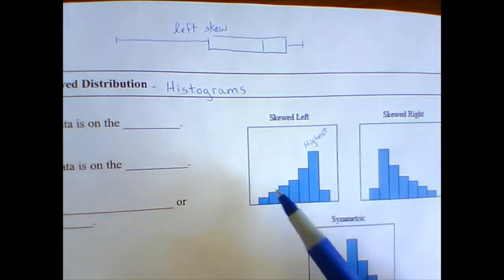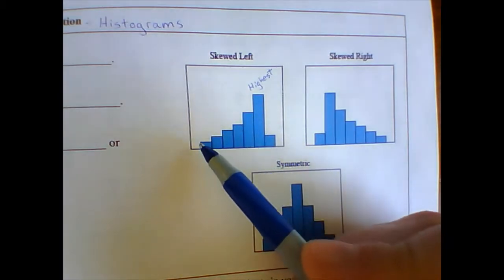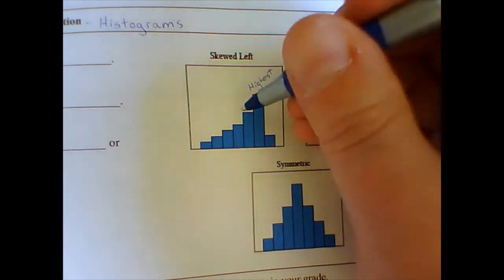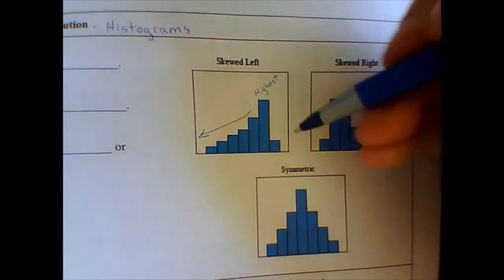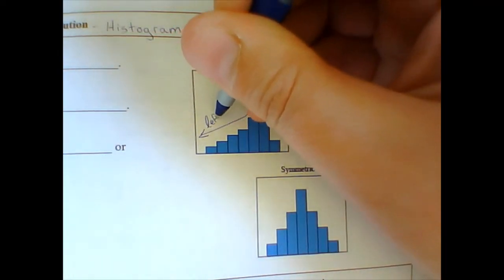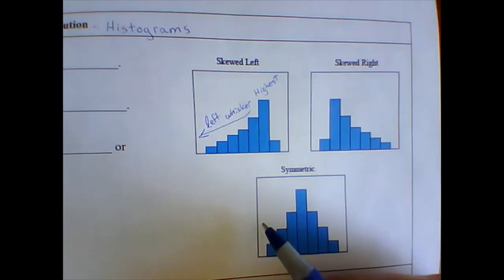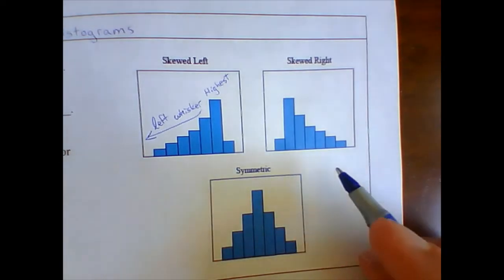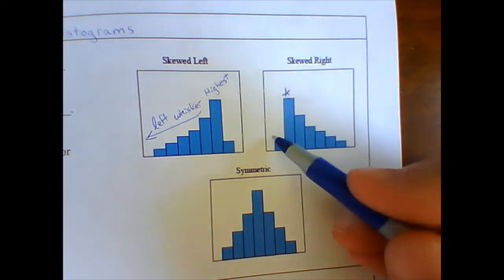It may not be the median, may be somewhere else, but we're going to treat it kind of like the median in a box plot. And what we're looking for is on which side is there a lot of extra data, smaller piles, smaller stacks. And that's going to give us left skew and right skew.